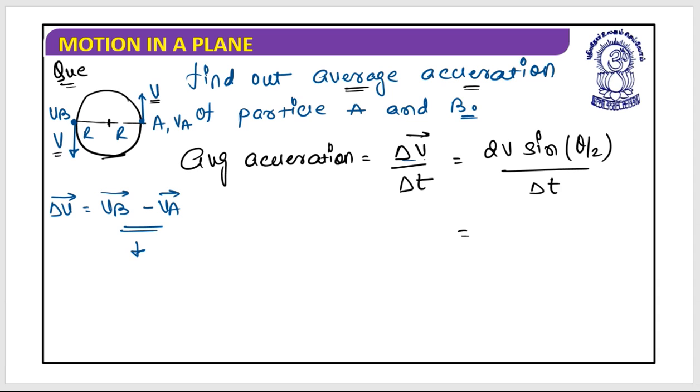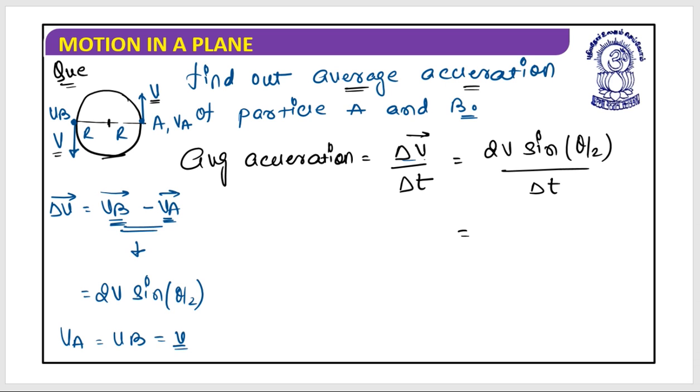It is the subtraction of two vectors aligned by an angle theta, and both must have the same magnitude. So I can write 2 into V into sine of theta by 2. But when you use this, please make sure that VA and VB are equal.